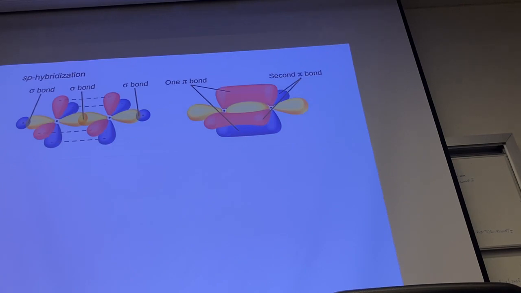Okay, now, we'll get to this a little bit more in detail, but before I move on, I'd like to show the different ways in which these hybridized orbitals can help us understand complete bonding between different atoms. So if I have 2 carbons together, for instance, they can bind in a variety of ways, depending on their hybridization state. In the case of sp hybridization, which is just 2 lobes, I get this linear arrangement.